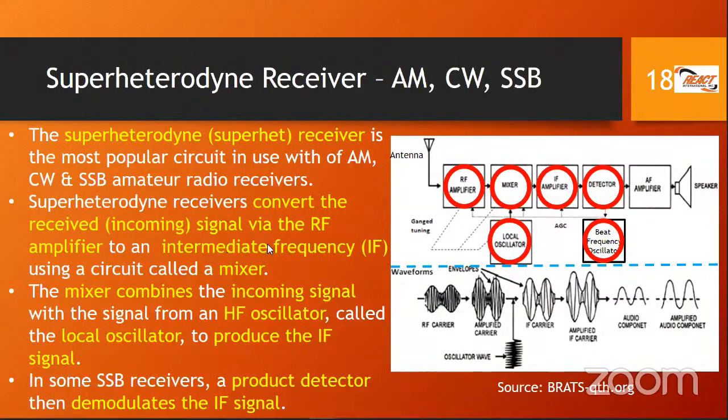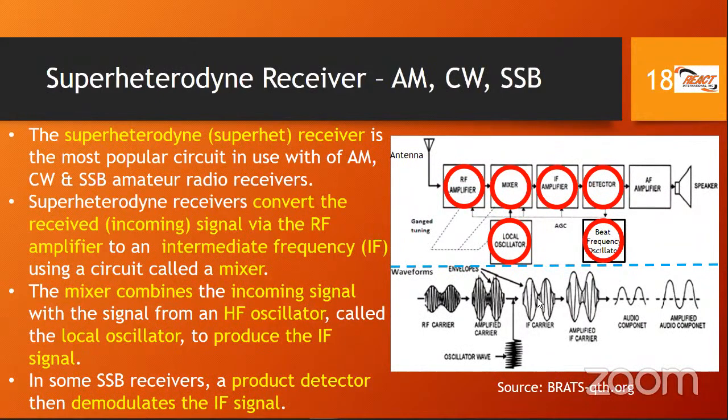And the circuit that is used to convert from that received signal to the IF is called a mixer. If we were to look at our diagram here, we'll see our antenna. We're receiving our radio transmission, and from the RF stage, it goes to the mixer. And that mixer is what produces the signal for the IF, or intermediate frequency.